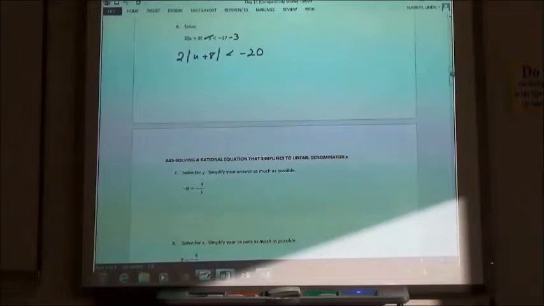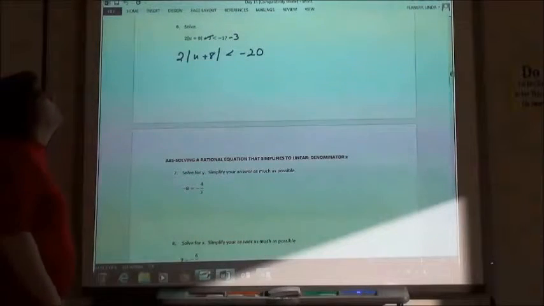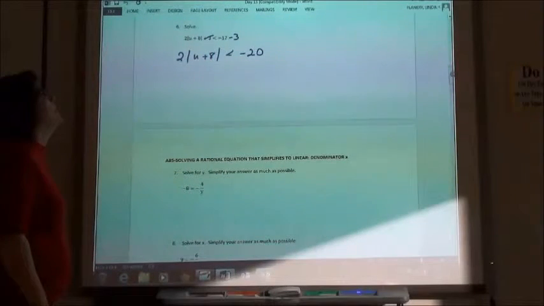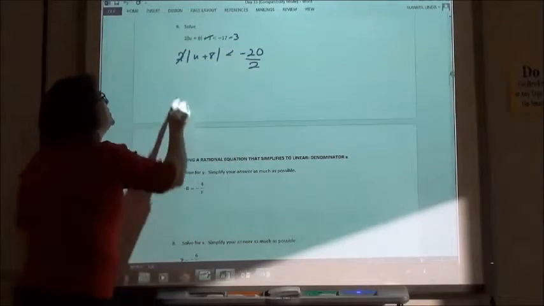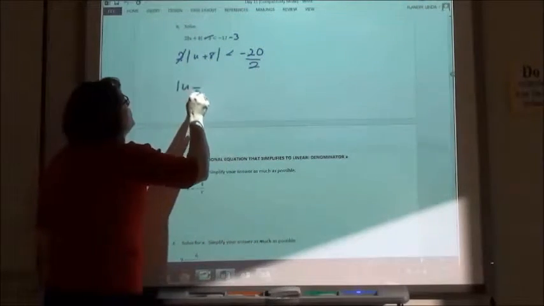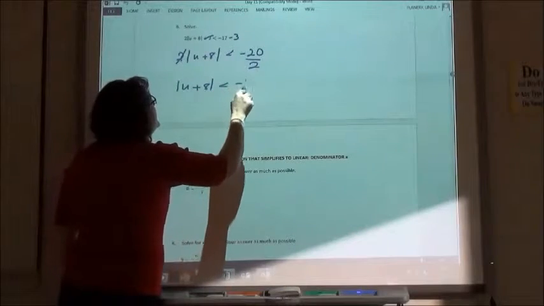Then I want to do what? Then you want to divide that negative 20 by 2? Exactly. Because that's out in front. So absolute value of u plus 8 is less than negative 10.